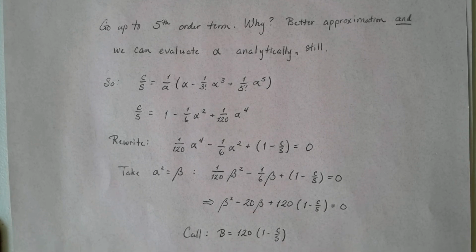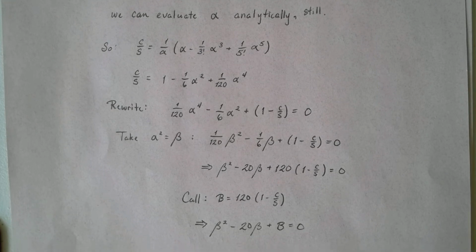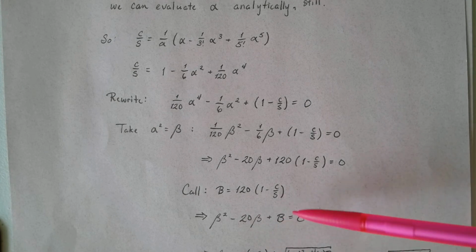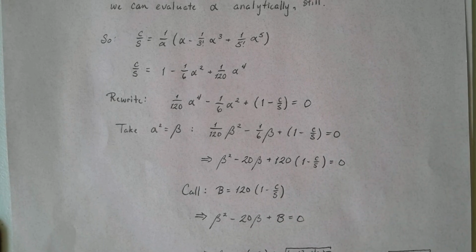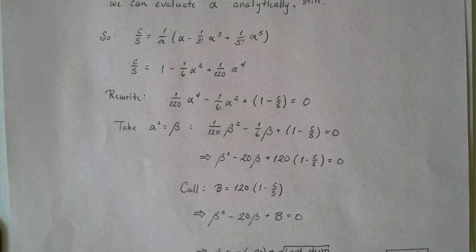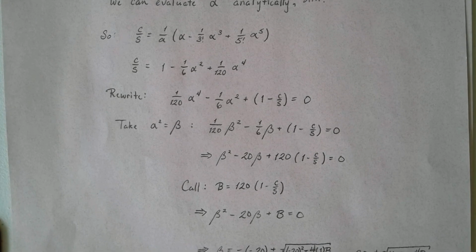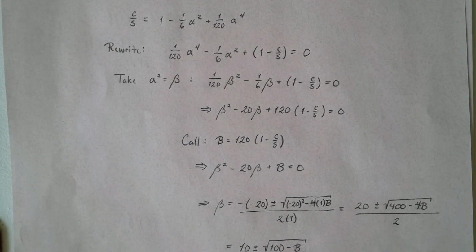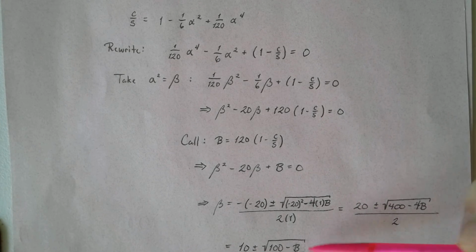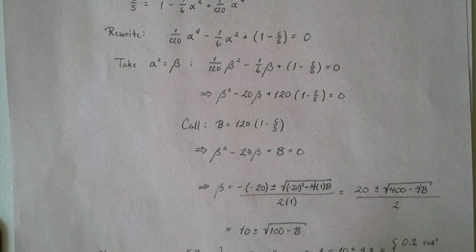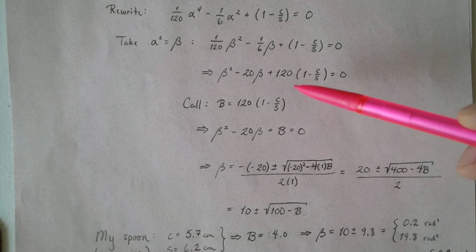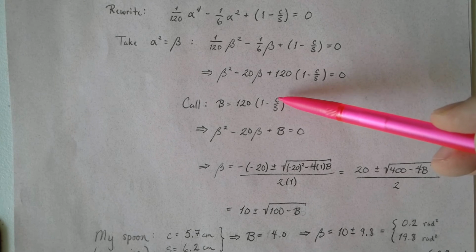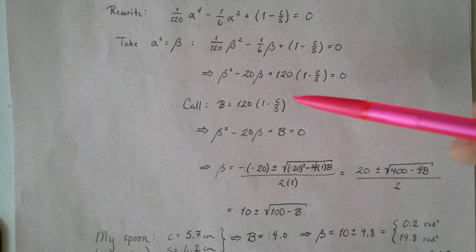You'll find that I do a lot of substitution just to make things a little bit more compact, and hopefully easier to see the relationship to the standard quadratic formula that you would then apply to beta in order to solve for beta in terms of the quantity that we call B here, which relates the chord and the arc length.